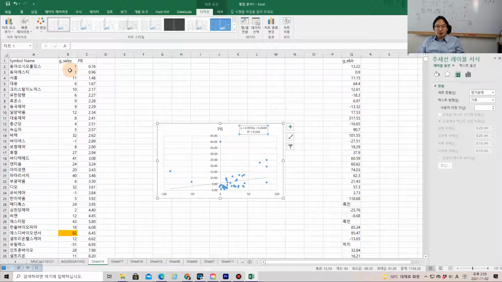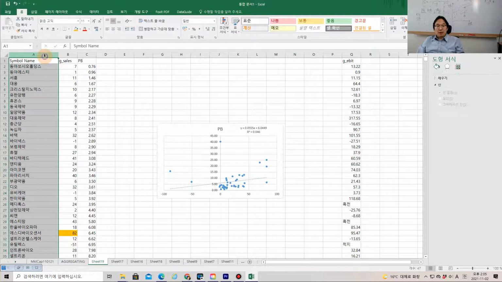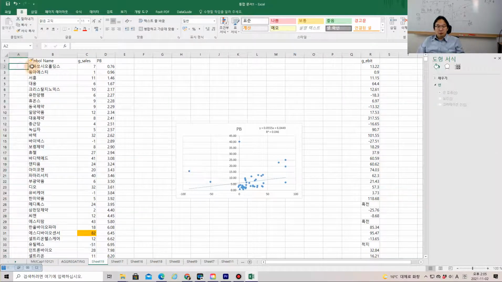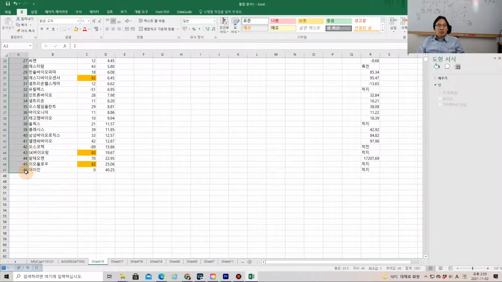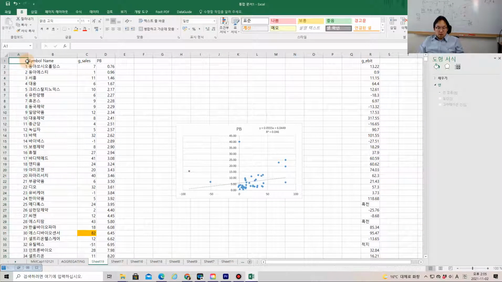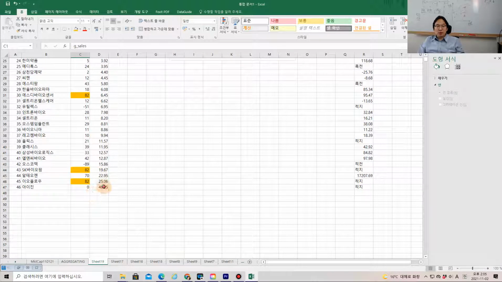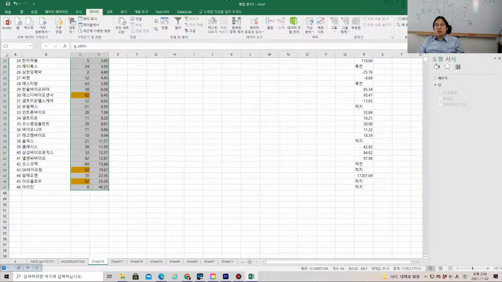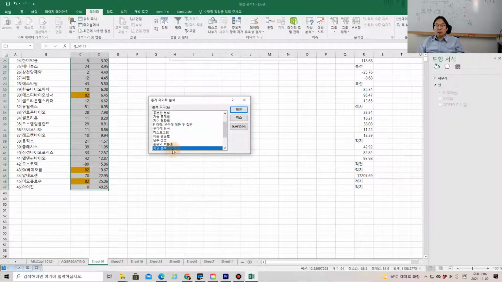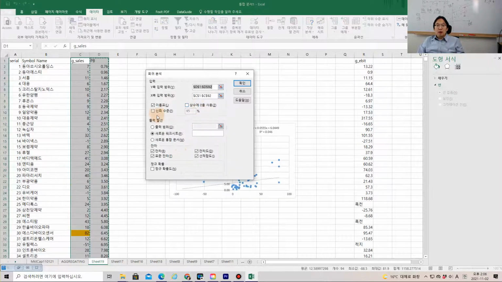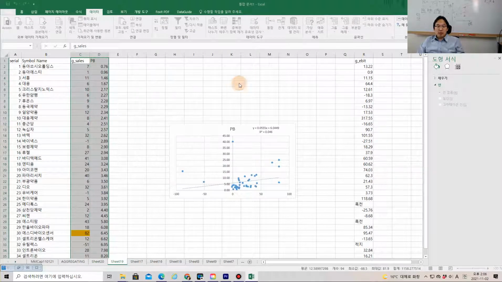Okay, so based on this sales growth, what would I do? Let's see, I'm assigning a serial number to each observation before I run a regression. So I run a regression using Data, and then Regression Analysis.